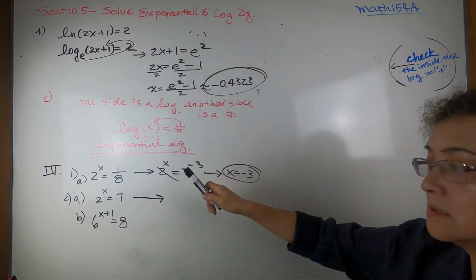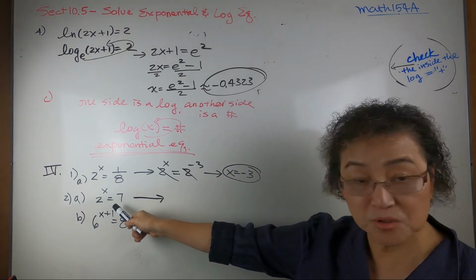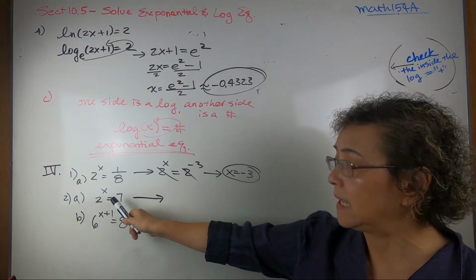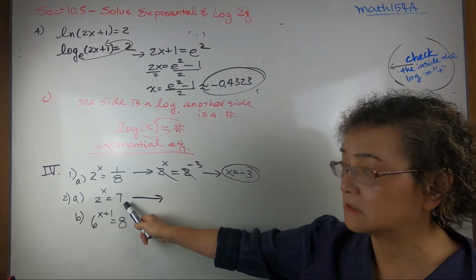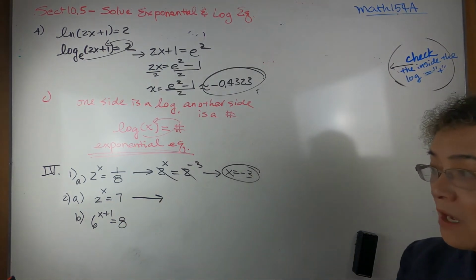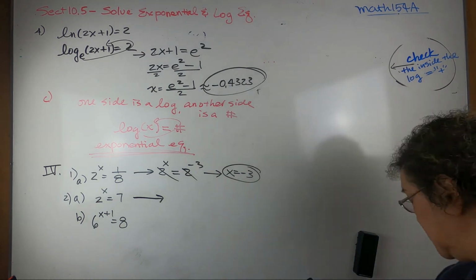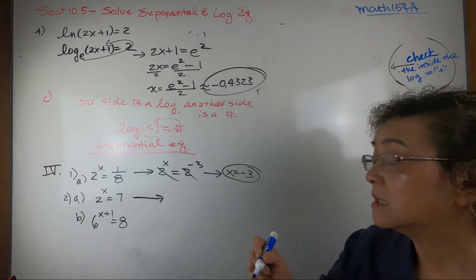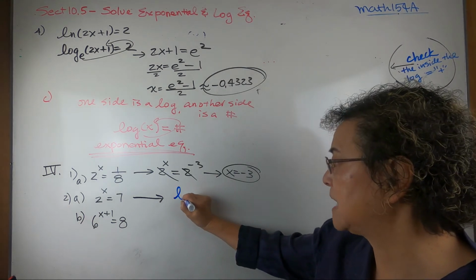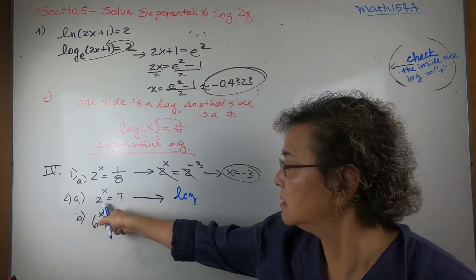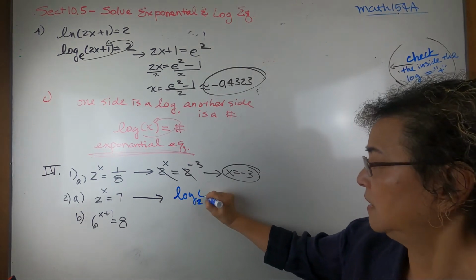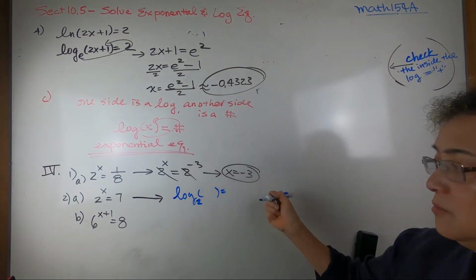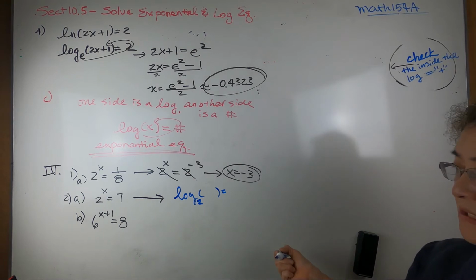But when you have an exponential equation with different bases, you have no way out, so let's see. If we do it this way, we rewrite it as a log equation. If we do that, log base what? 2, right? Which one do you put outside, which one do you put inside?